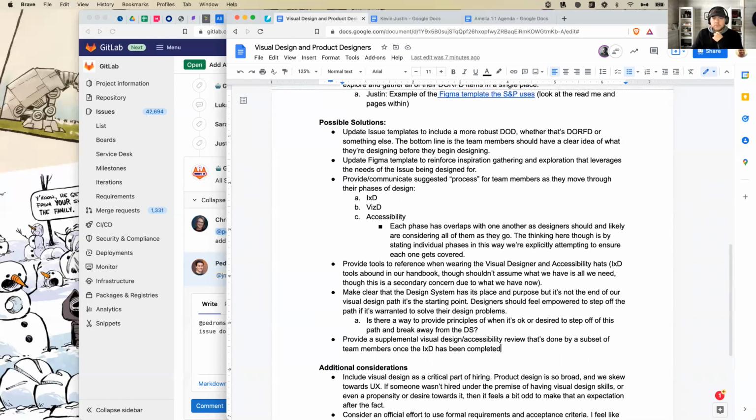So we need to figure out a way to make it more explicitly part of our workflows, whatever that means, whatever the solution is. And then we need to figure out a way to give designers the tools to do that, while also being aware of what you said earlier, that not every interaction designer wants to be a visual designer or wear that hat. So that's another problem that we need to solve.